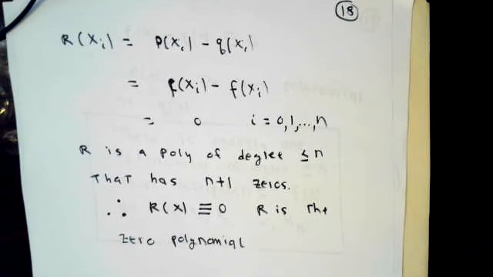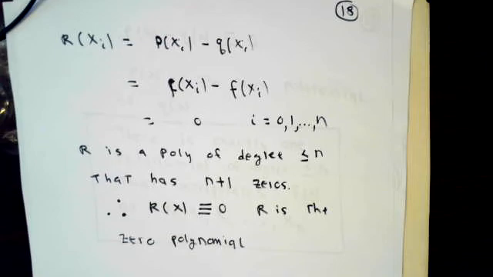This leads us into an interesting situation. R is a polynomial of degree less than or equal to n, but R has at least n plus 1 zeros, if not more. The fundamental theorem of algebra, that is, said a non-zero polynomial had to have the given behavior.